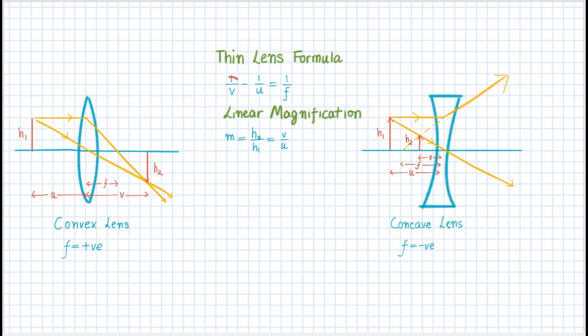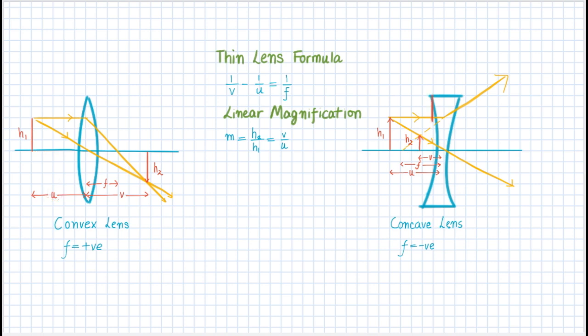So 1 upon image distance minus 1 upon u, where u is your object distance. Suppose for a convex lens, this is your object, and this distance is your object distance, which is denoted by small u.